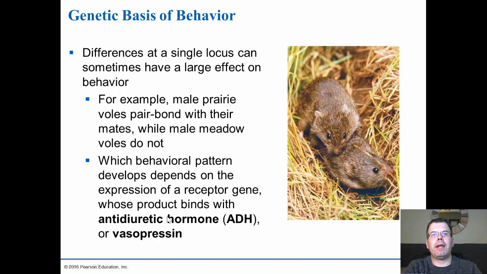So the ones that have the antidiuretic hormone or ADH, vasopressin, are going to pair bond, where the ones that don't, won't. And so this is an example where a gene receptor plays a role in how they're going to pair bond with their individual. So in certain voles they will, in others they won't, and that's all a genetic relationship based on what types of receptors they actually display.